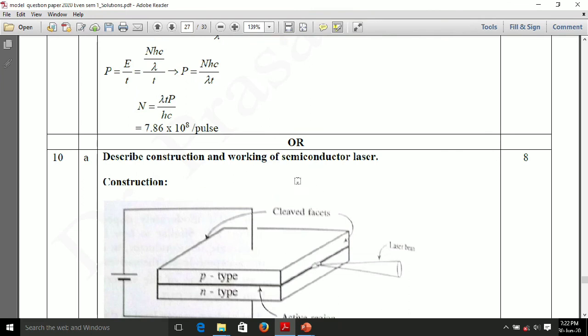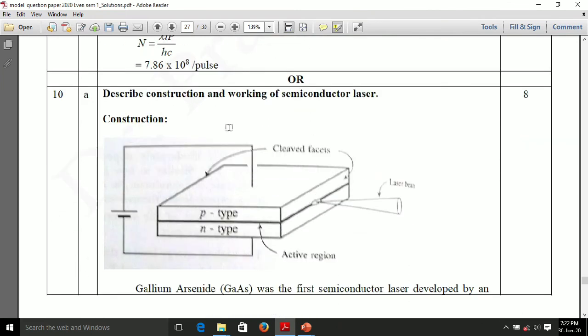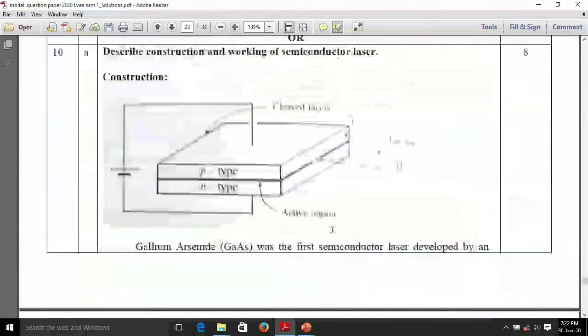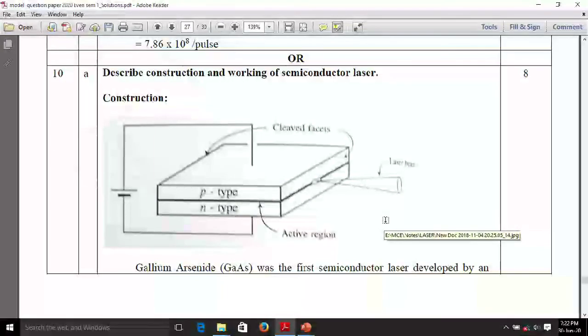Describe construction and working of semiconductor laser. This requires the diagrams for both the construction and the working. We have observed in previous examinations during the evaluation that some students do not write the diagrams. If you give explanation without diagram, in most of the cases it is invalid.